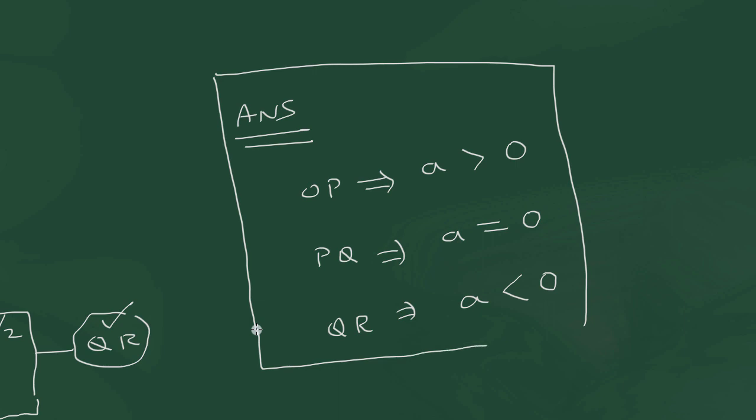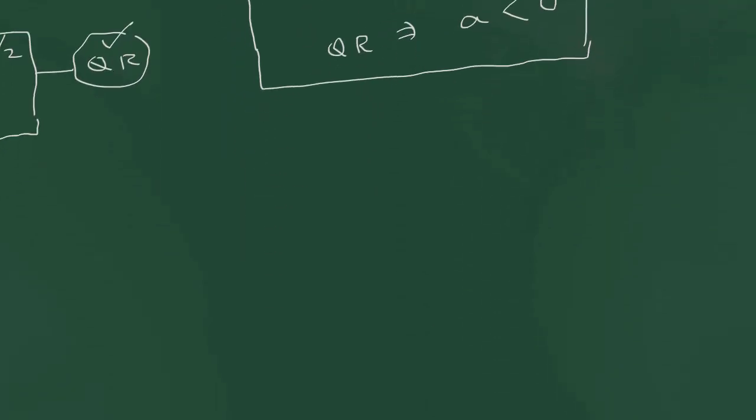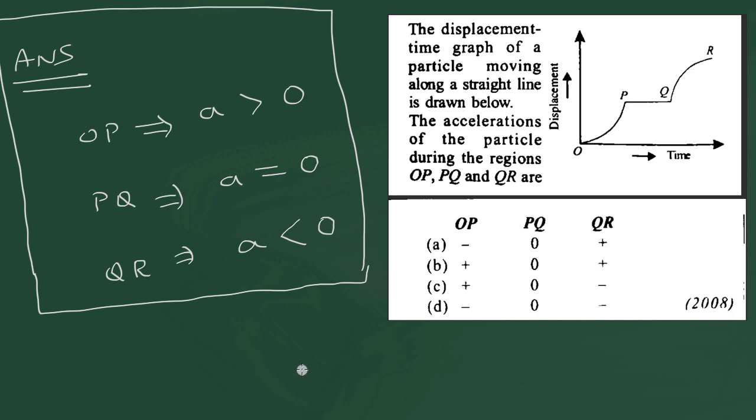So now what you have to do is open the actual question paper where all the 4 options are given, and see whether the options match with whatever calculation you have done. So this is the answer. Let us see where the actual question paper is. Yes, so now you can see the question as well as the 4 options. You can clearly tell which is the correct answer.